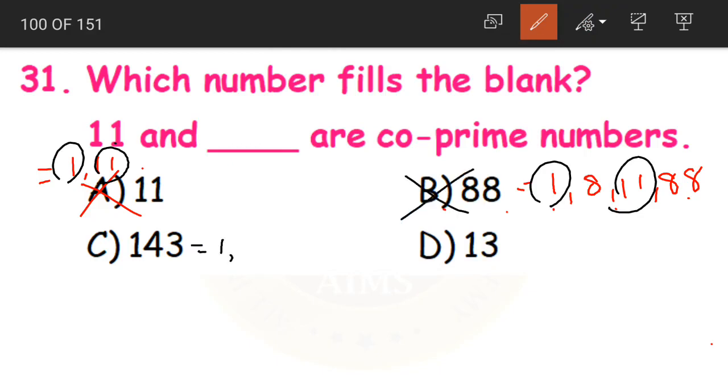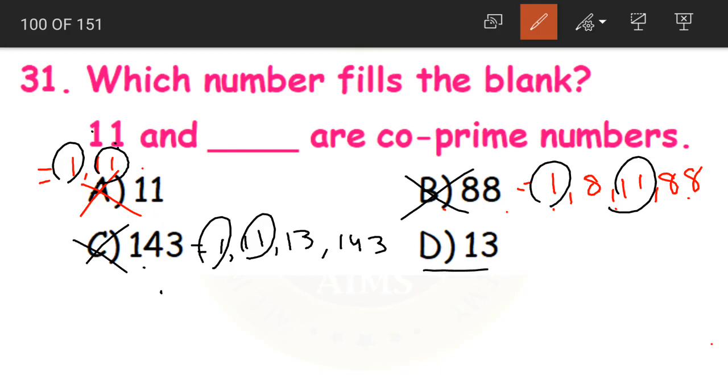Now coming to 143, the factors are 1, 11, 13 and 143. Again, 11 and 143 share two common factors, that are 1 and 11. So 11 and 143 cannot be our co-prime numbers.